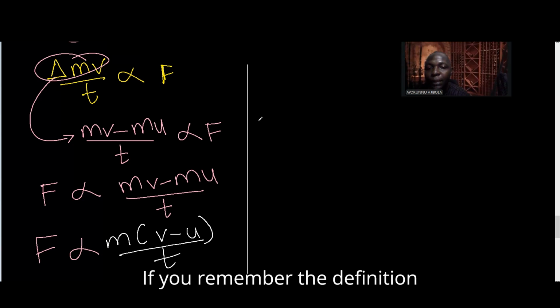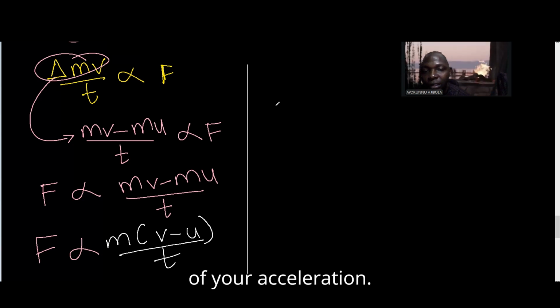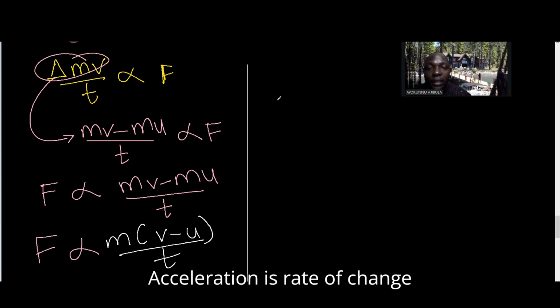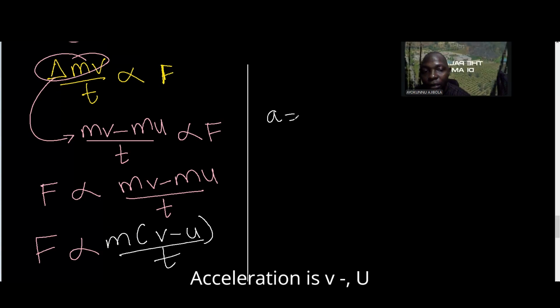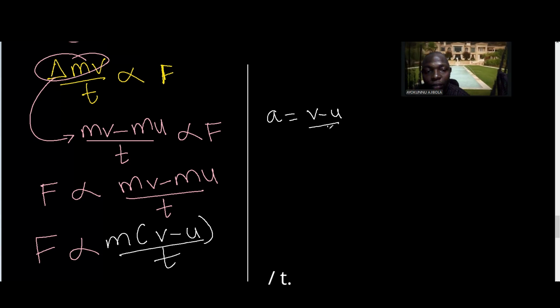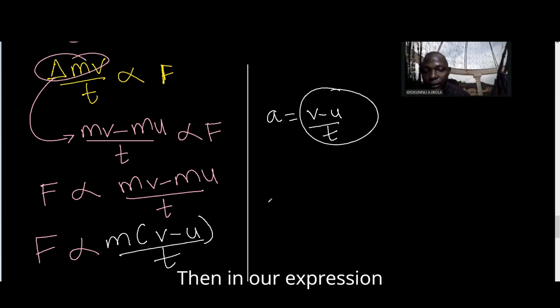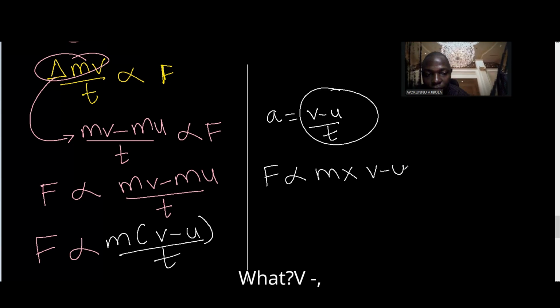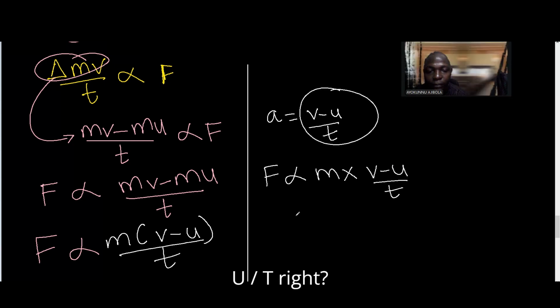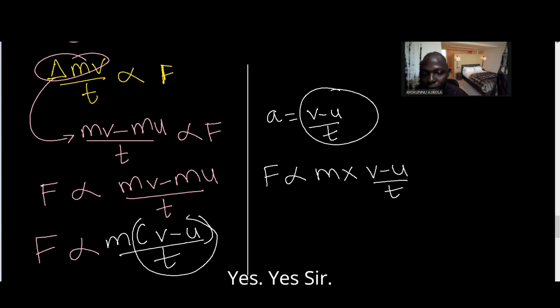If you remember the definition of acceleration, acceleration is the rate of change in velocity with time. Acceleration is V minus U over T, the change of velocity over time. Then, in our expression, we have M times V minus U over T, right?